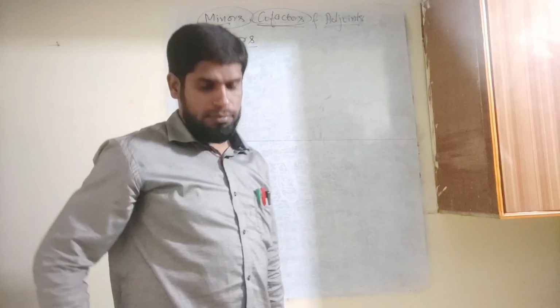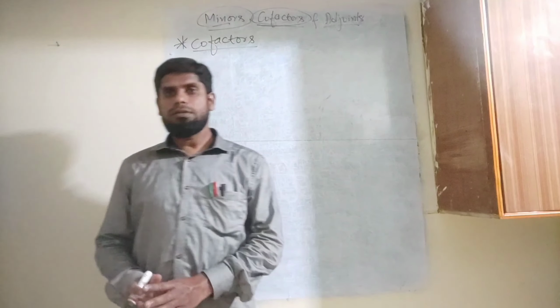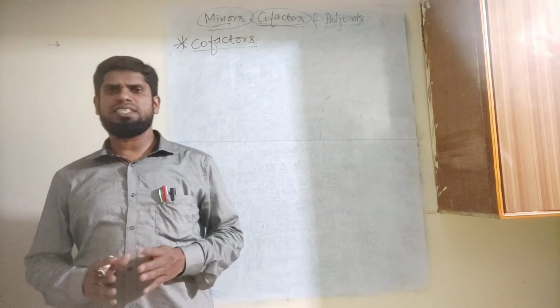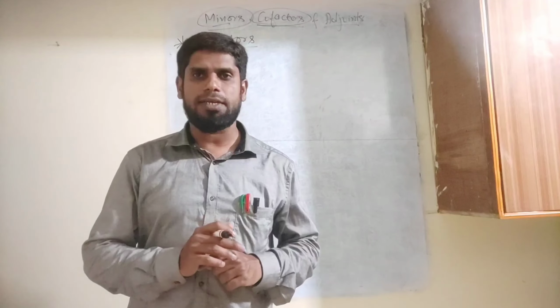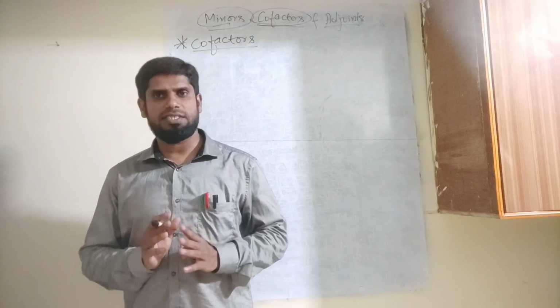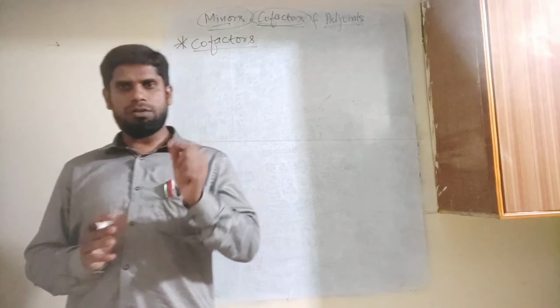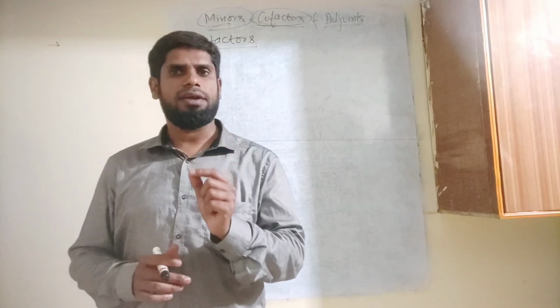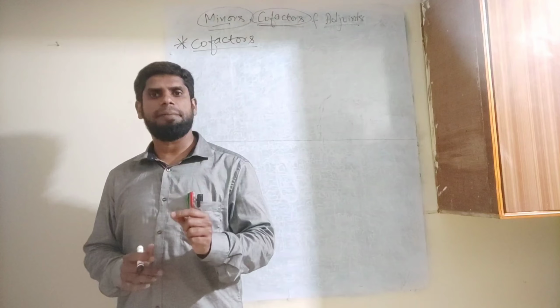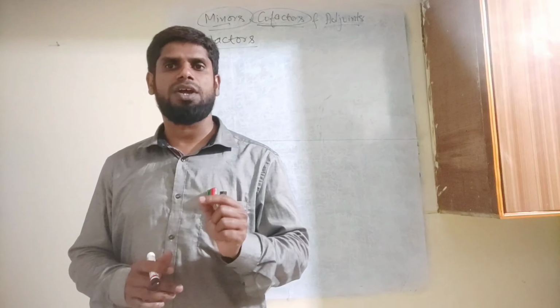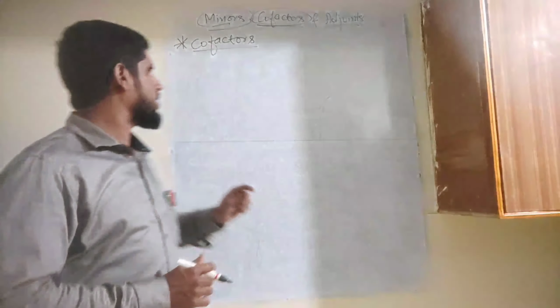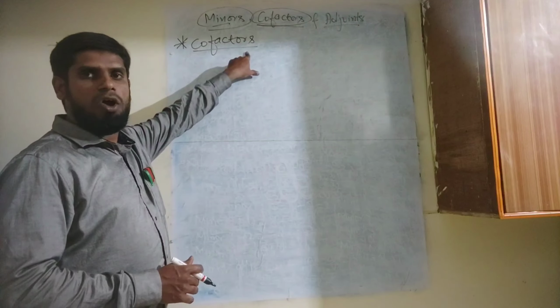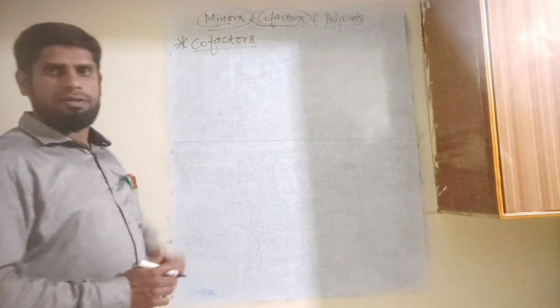Cofactors is exactly similar to minors, but the only difference is that whatever the minors are, for that we will multiply the hidden sign of the element, then we will get the cofactor of the particular element.